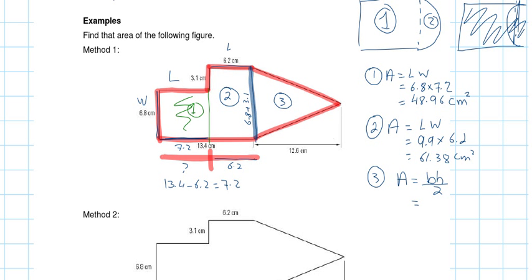Where's my height? It's 12.6. It's given to me right here, but that's the same thing as going from here to here perpendicular, right? So that means this is the same thing as the 12.6. So I know both my base and my height. So that's 9.9 times 12.6 divided by 2.